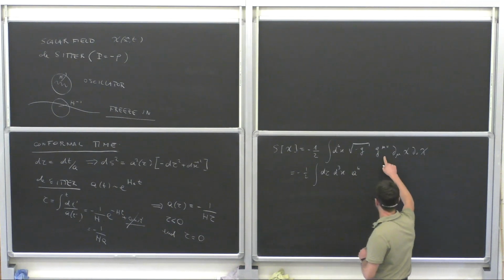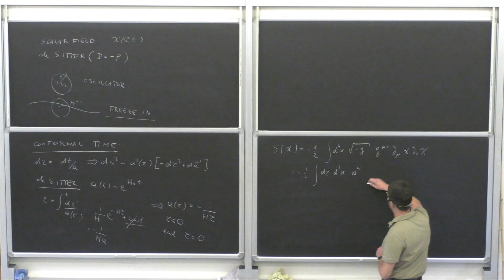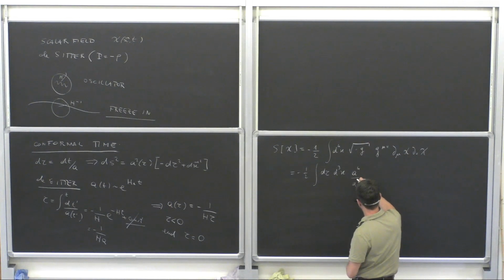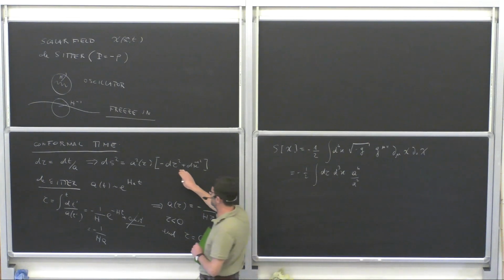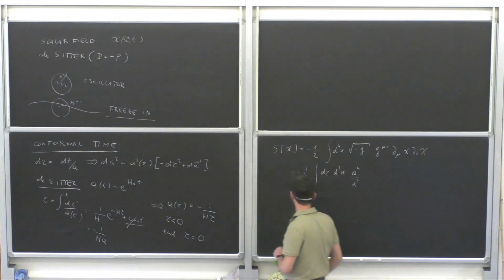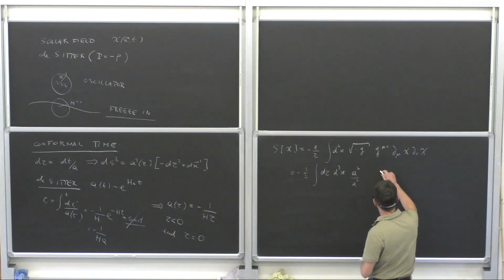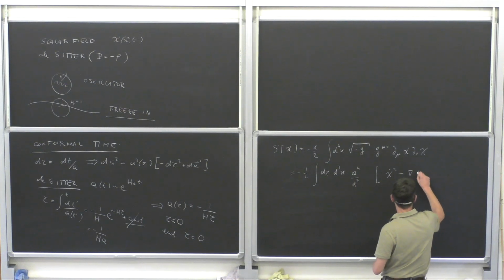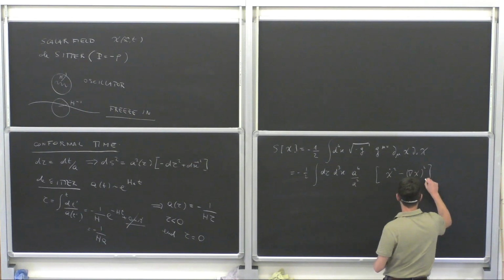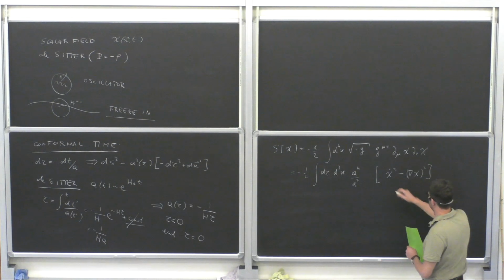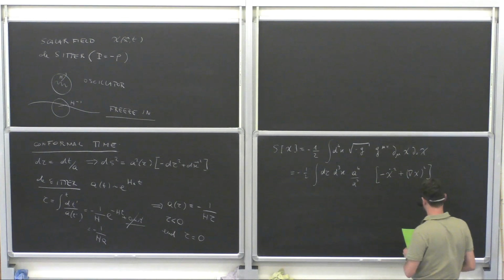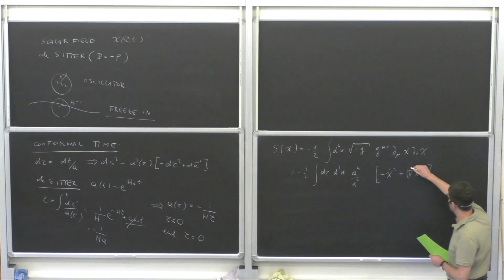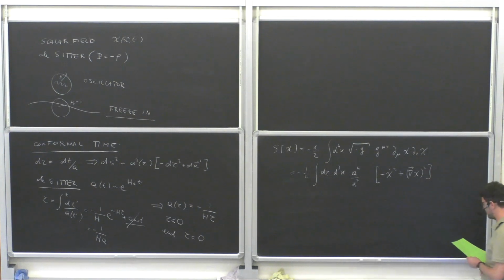G mu nu, of course, is diagonal, and it always brings me 1 over a squared, because the a squared is factorized out, so every term has 1 over a squared. And then I have something like chi dot squared minus the grad of chi squared, with the minus sign because of the convention I'm using; this is a three-dimensional nabla.